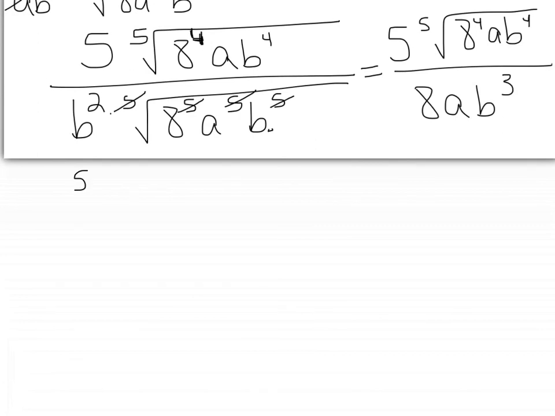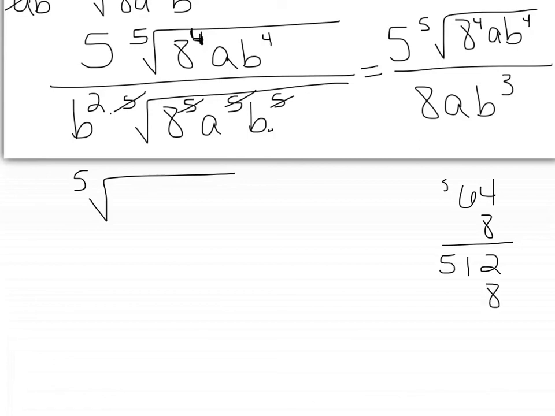The fifth root of 8 to the fourth, which I have no idea what that is. So 8 times 8 is 64. Times 8 is 512. So 512 times 8 is 4,096.